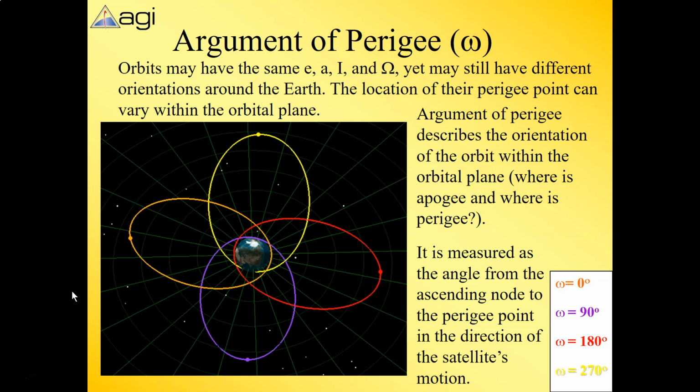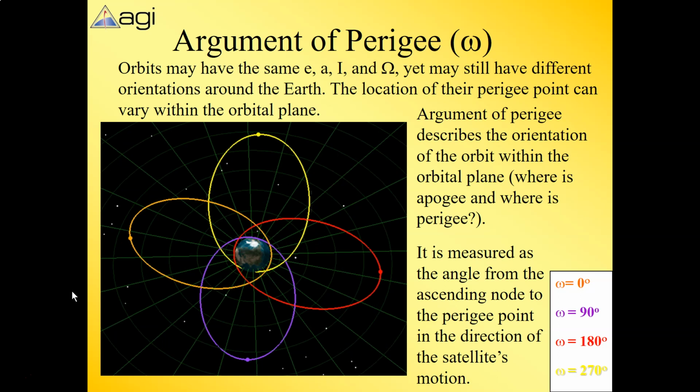And we do this in the direction of the satellite's motion. This is referred to as argument of perigee, and as the name implies, the argument of perigee is only mathematically defined if a perigee point exists in the orbit.